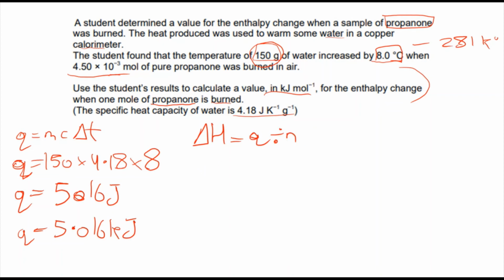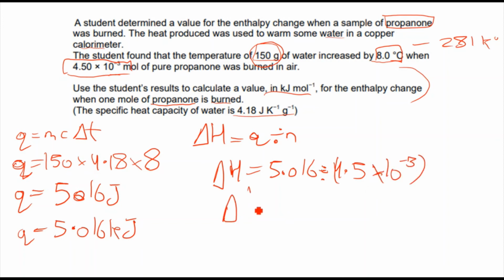The moles, I've been told, is 4.5 times 10 to the power of minus 3. So the enthalpy change is simply 5.016 divided by 4.5 times 10 to the power of minus 3, and this gets me the final answer, which is 1114.7 rounded. That's kilojoules per mole, kJ mol to the power of minus 1.